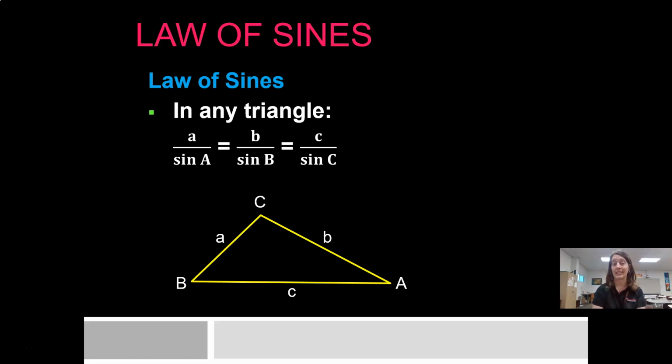The other 3 letters that I see in this question are lowercase a, b, and c. The same 3 letters, but these are lowercase letters. Where do I notice the lowercase letters are? They're referring to the sides that we have in the triangle. So capital letters always refer to angles. Lowercase letters always refer to sides. That's going to be a big difference as we're looking at our lesson today.